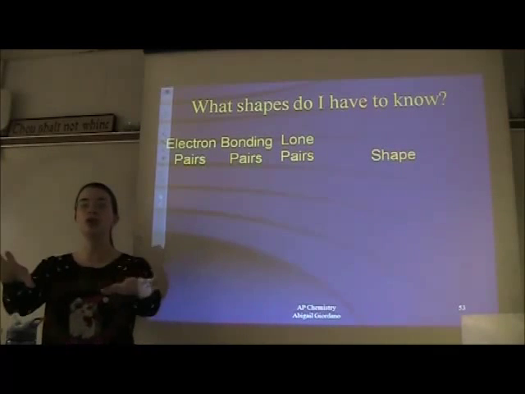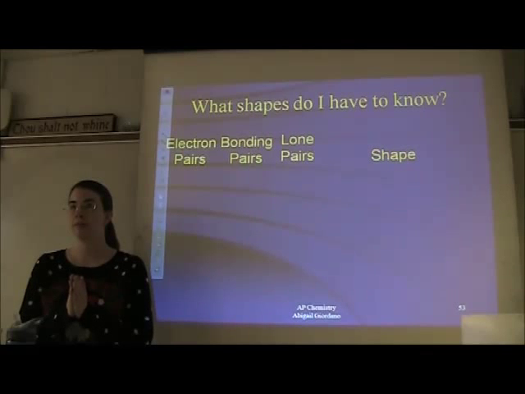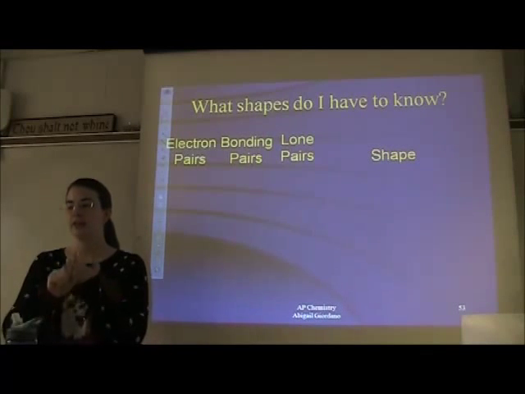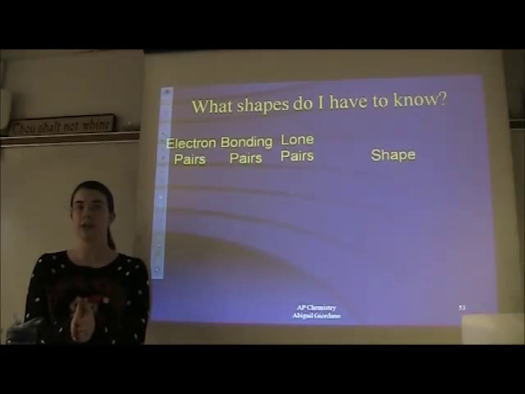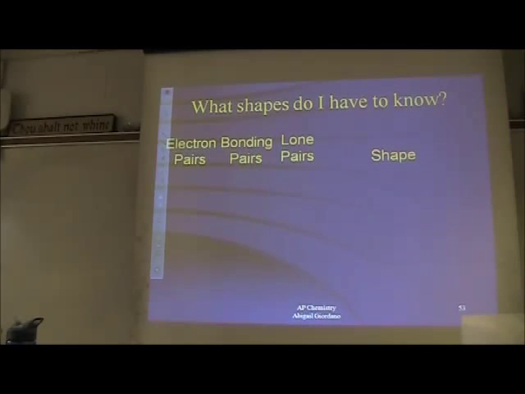I'm going to ask you to draw the Lewis structure. We're going to look at how we predict its shape, and then we're going to build it with the model kits. And I think you will find as we go through this, this is not only an exercise to help you remember and learn new shapes, but it's also going to help you to get faster at drawing your Lewis structures.